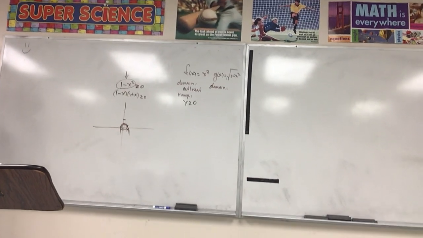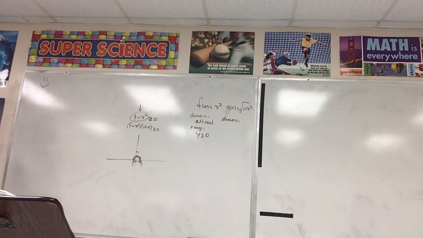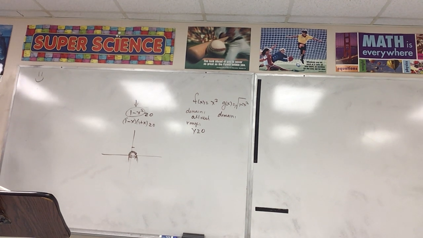What values of x will give me values that are greater than or equal to 0? One. I'm confused. How do you write that? Parentheses, -1, comma 1.